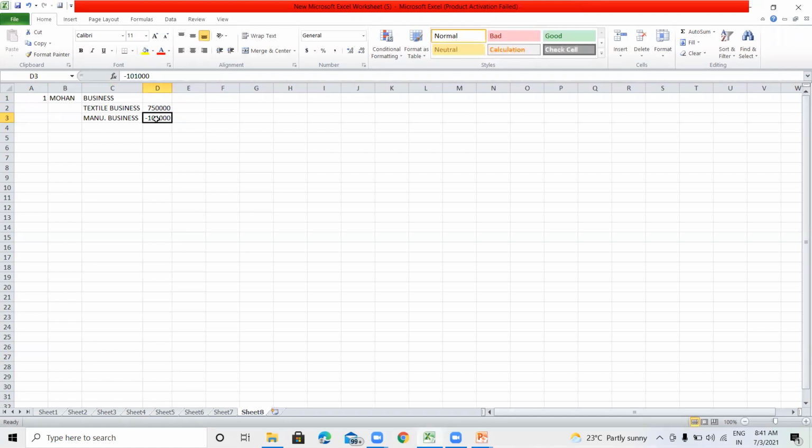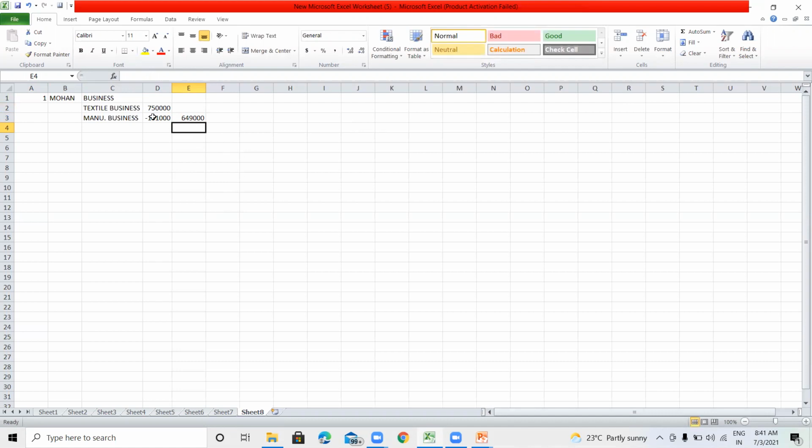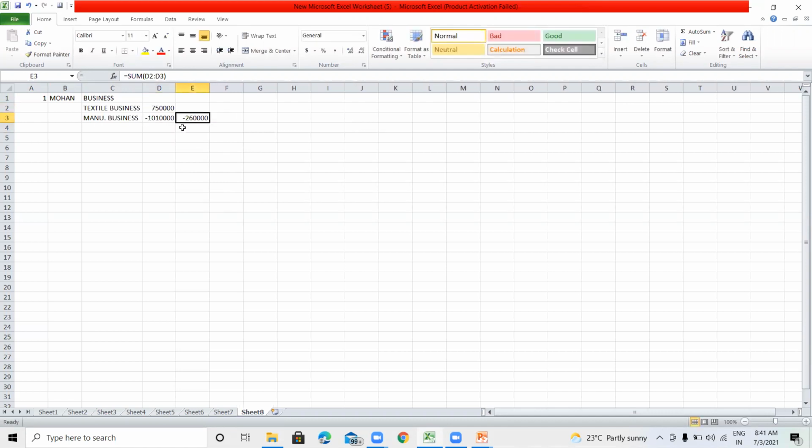We can adjust the amount of loss with the amount of profit. So 2,60,000 is the amount of loss which is not set off in the relevant assessment year.